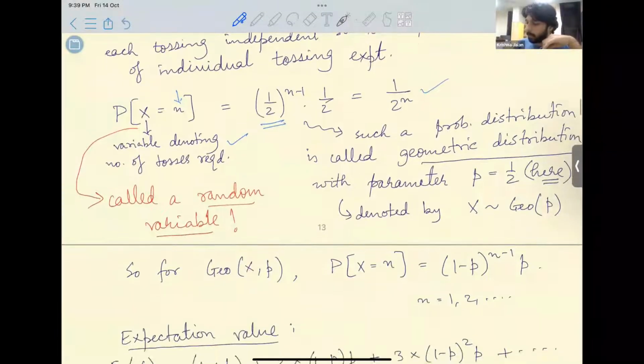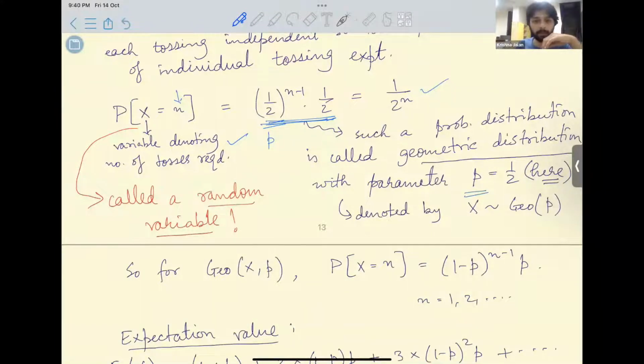Whenever such a distribution occurs, where the unfavorable event occurs n minus 1 times and the favorable occurs on the nth turn or the nth experiment, such a distribution is called a geometric distribution. And if the probability was p, let's say instead of half, then we say that the geometric distribution has parameter p.